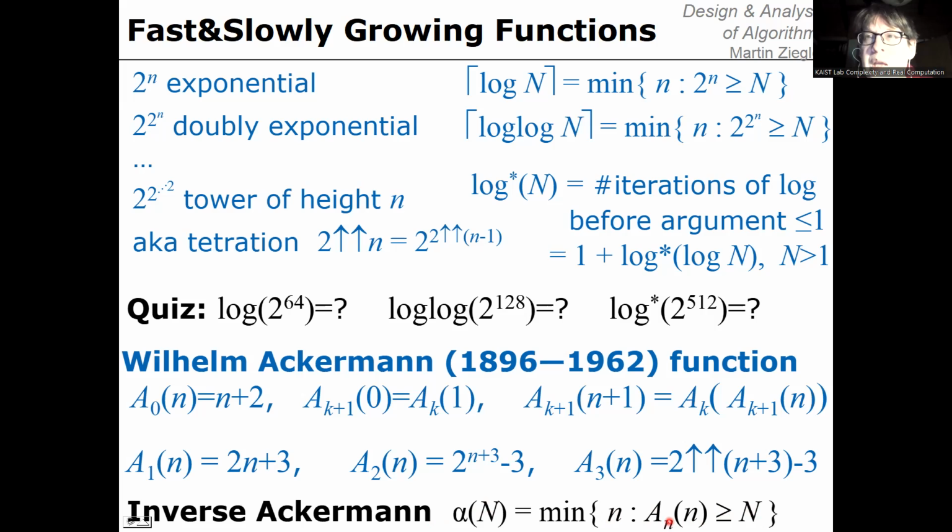And if you have realized how fast this diagonal Ackermann function grows, then that means that the inverse Ackermann function grows extremely slowly, and particularly it grows slower than logarithm, it grows slower than log star. Since the diagonal Ackermann function grows faster than tetration, therefore its inverse goes slower than log star.